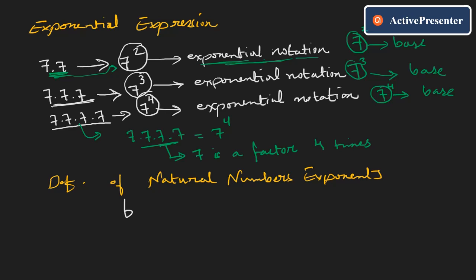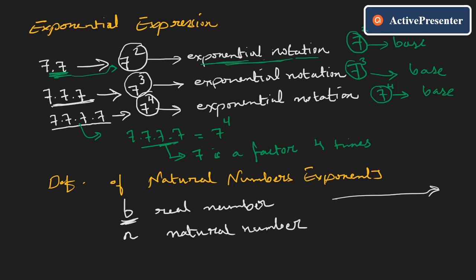If the base b is a real number, and n is natural number, b can take values on the real number system, as you know before, from negative infinity to infinity, and n the natural numbers 1, 2, 3, 4.